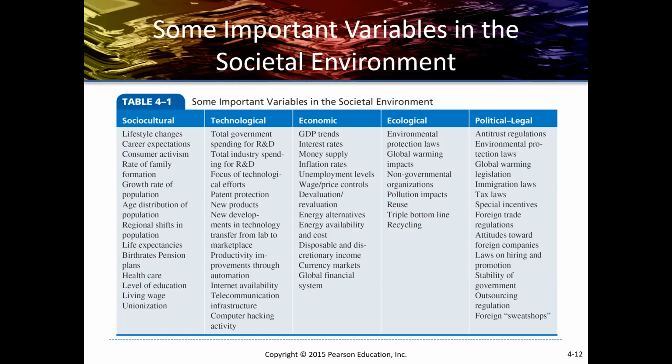Okay, if we move on to the next category, which is technological, we have another checklist. We have total government spending for research and development, total industry spending for research and development, focus on technological efforts, patent protection, new products, new development in technology, transfer from lab to marketplace, productivity improvement through automation, internet availability, telecommunication infrastructure, computer hacking activity.